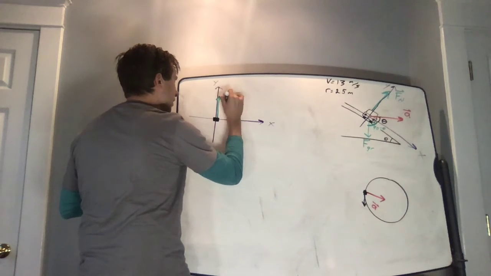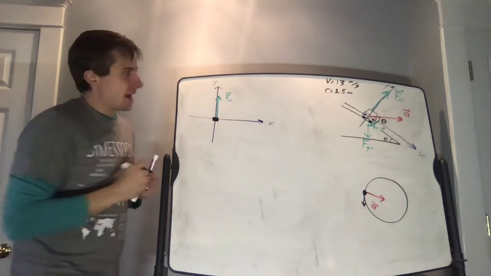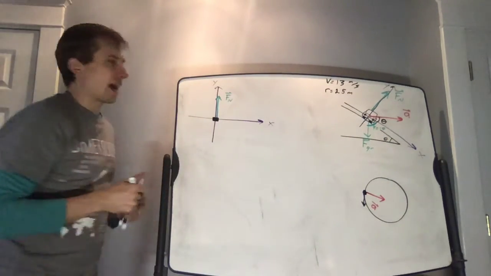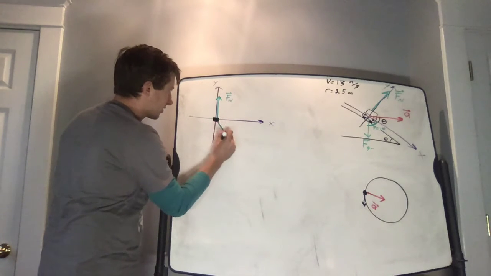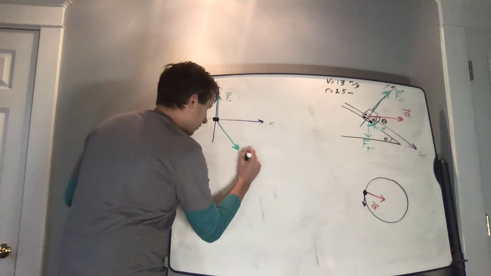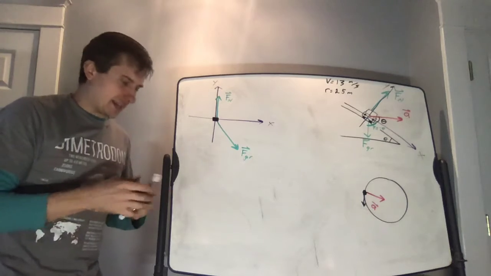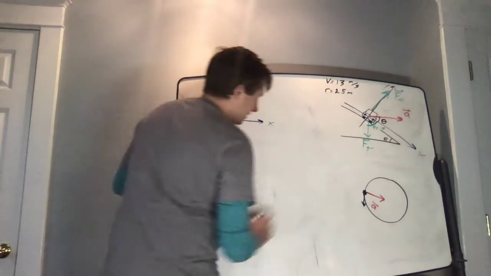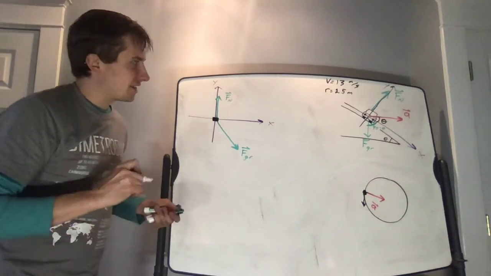F normal. We have the force of gravity that lies at an angle 90 minus theta below the positive x-axis. The force of gravity is going to look something like this. And we have the acceleration of the car. The acceleration of the car is an angle theta above the positive x-axis.